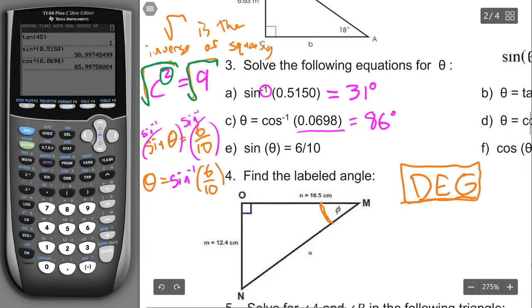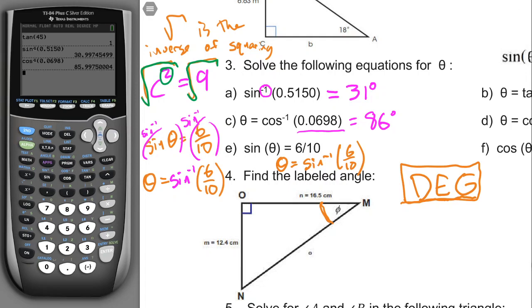And normally we wouldn't actually write this out. We would normally just jump right to putting this into our calculator. But the first couple times I'll show you guys. Sine inverse of 6 divided by 10. And on our calculator, you just do second sine of 6 divided by 10.